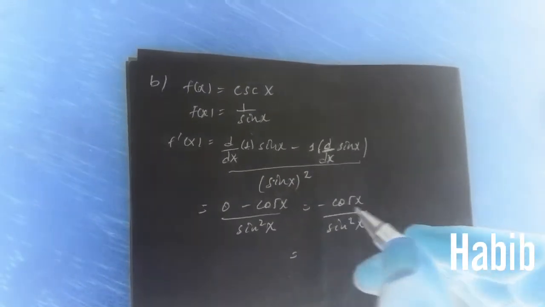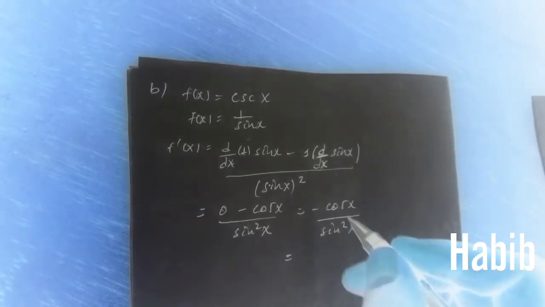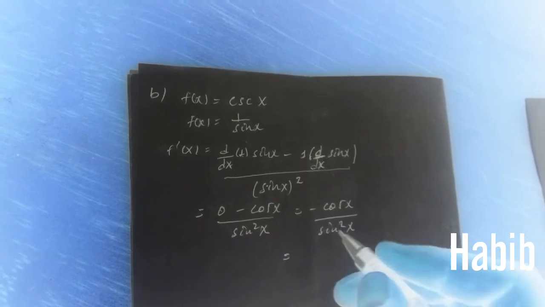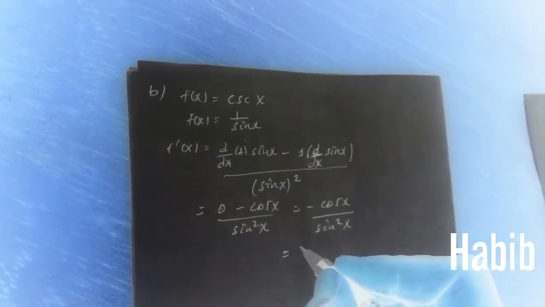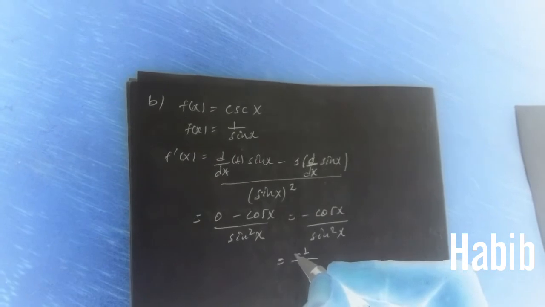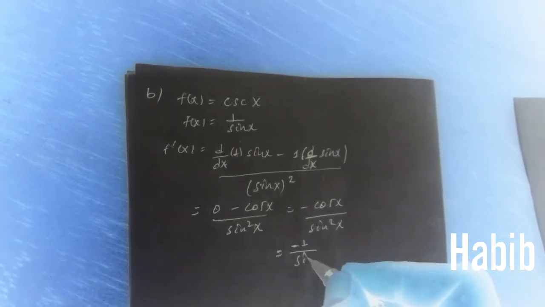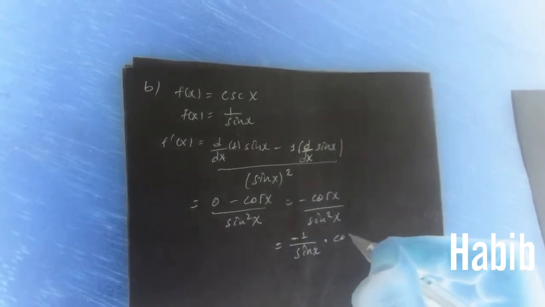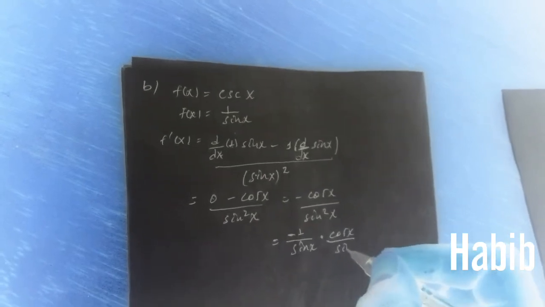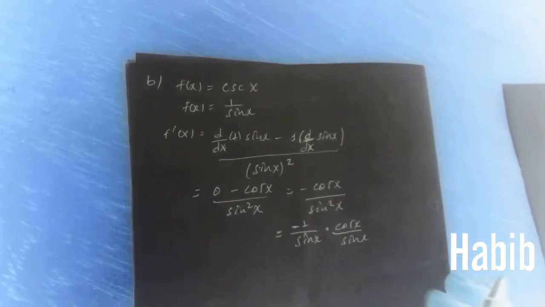We can rewrite it in this form: minus, since sin square x is two terms, sin x and sin x, we can separate it into two, since the operation is a quotient. We have minus 1 over sin x times cos x over sin x.